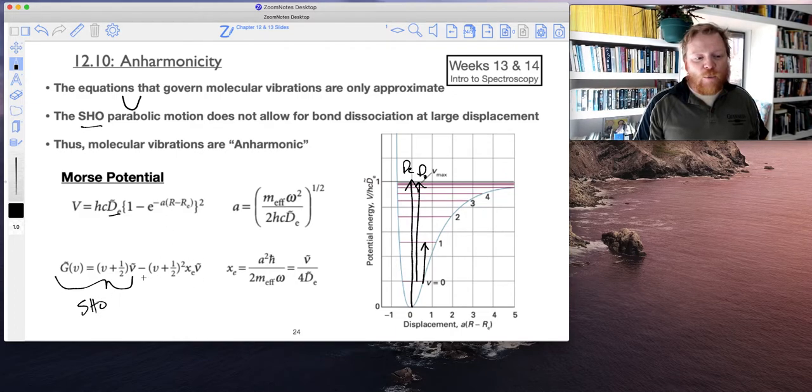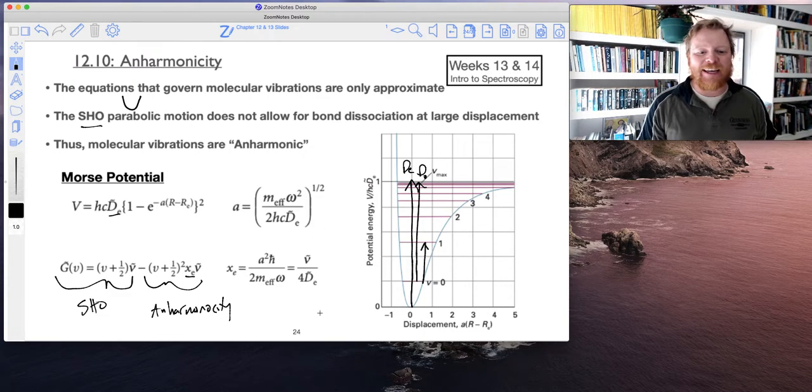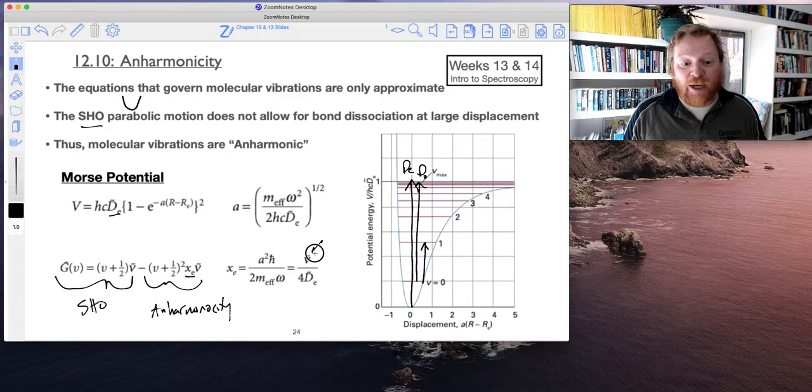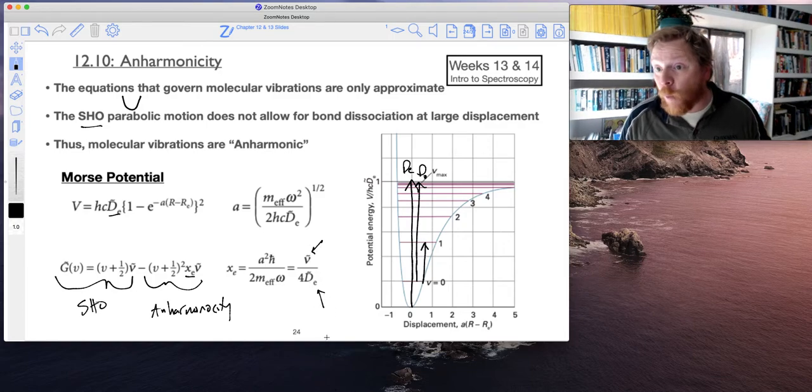And now we've got this other part that describes the anharmonicity. That extra term is given as this extra quantity here with this factor x_e. And x_e is a ratio of the vibrational energy to the depth of the well.